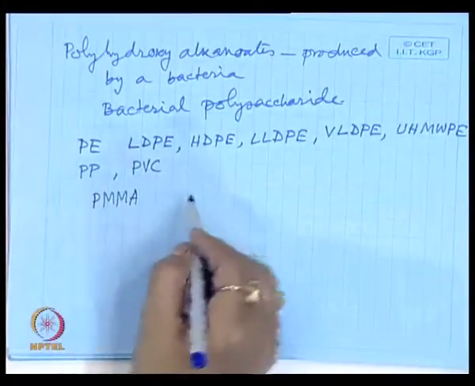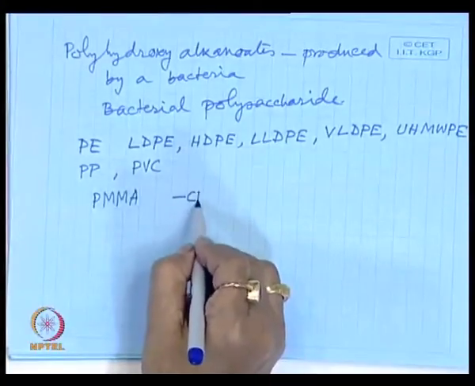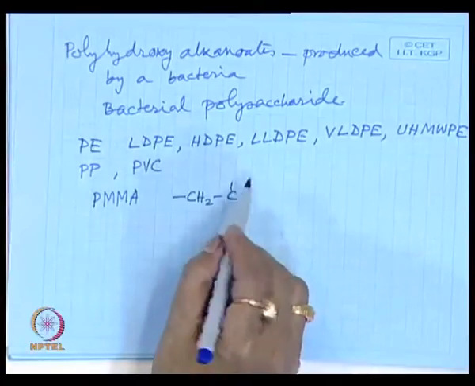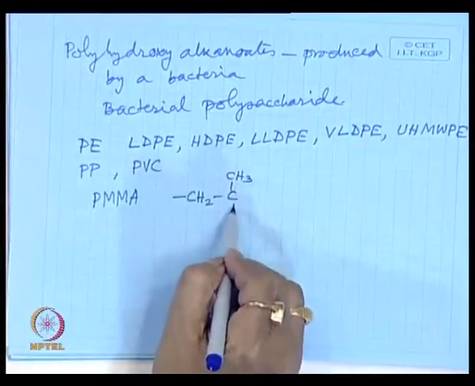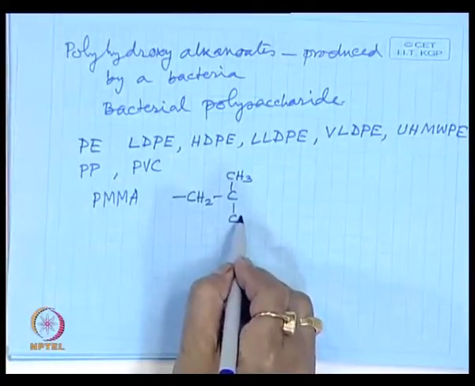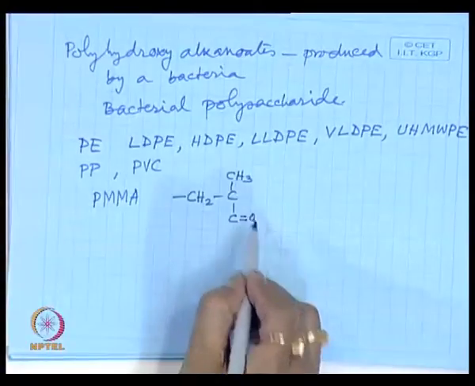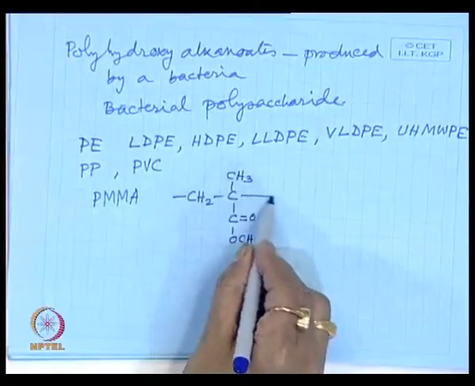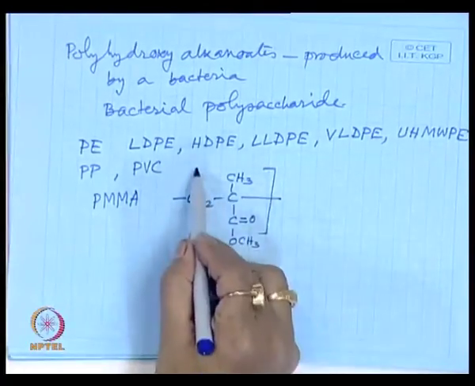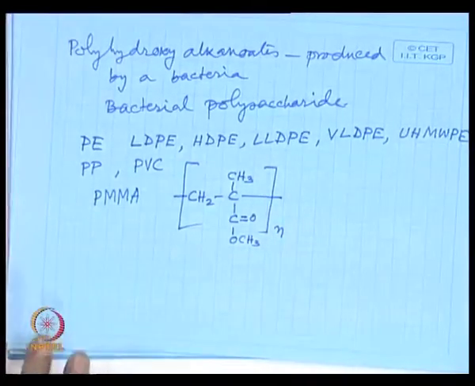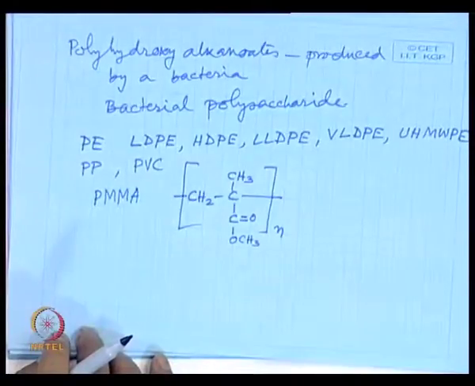Repeat unit formula of PMMA: CH2, C, substitute one hydrogen of this carbon by a methyl group, substitute another hydrogen of this carbon by an ester, N number of times, where this N is the degree of polymerization.